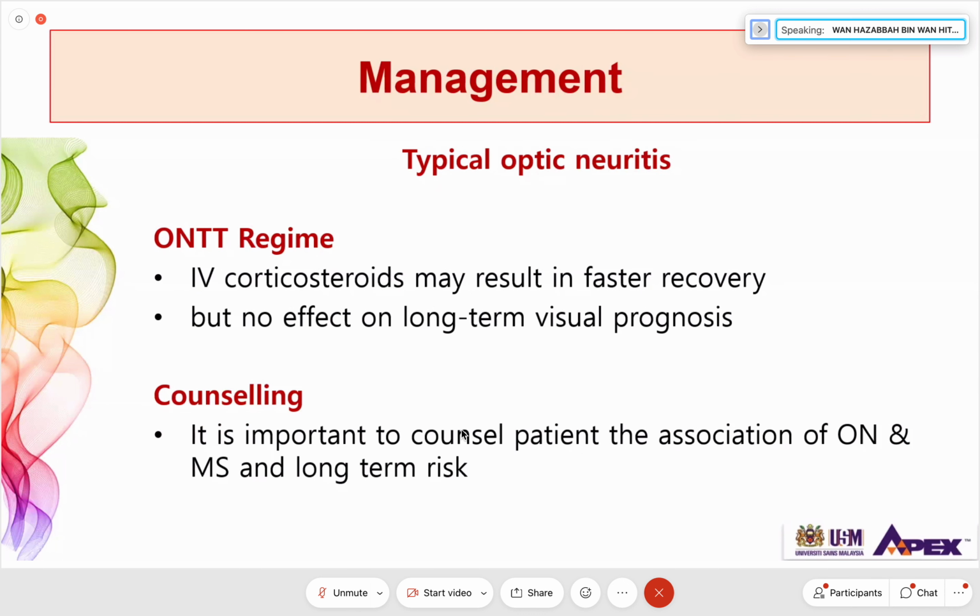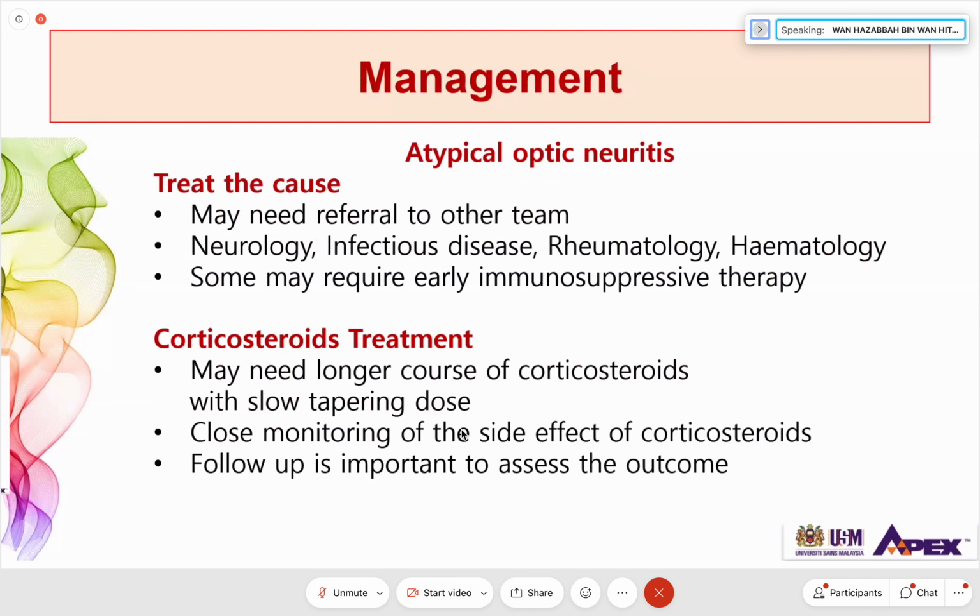Treatment for typical is quite straightforward. You can use the ONTT regime. You can stop after 2 weeks. But again, if you suspect MS, please follow up the patient. For atypical, again, we need to find the cause. Even if you cannot find the cause, you should at least investigate, to make sure that if you want to start steroid, you are covered.